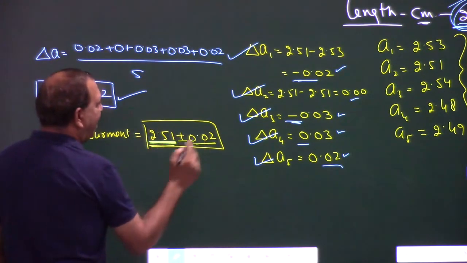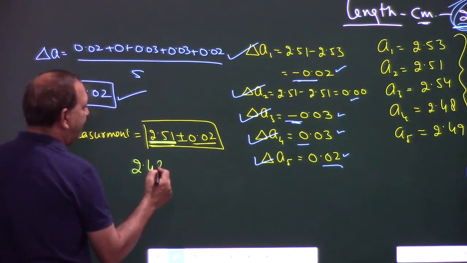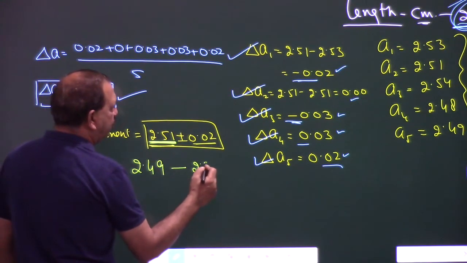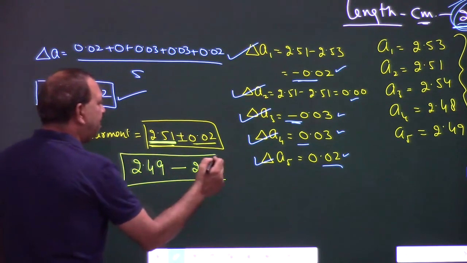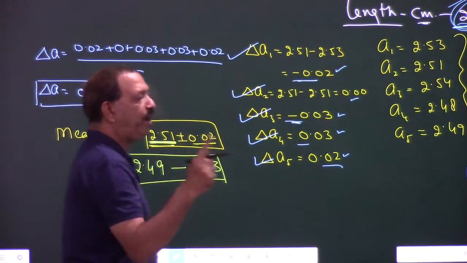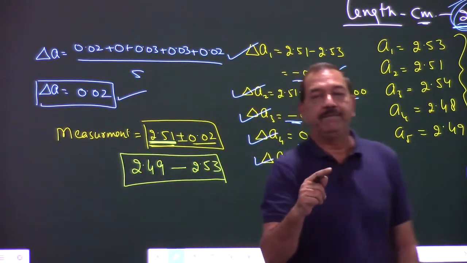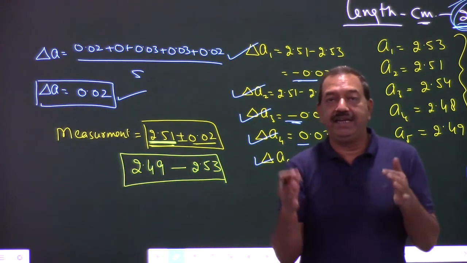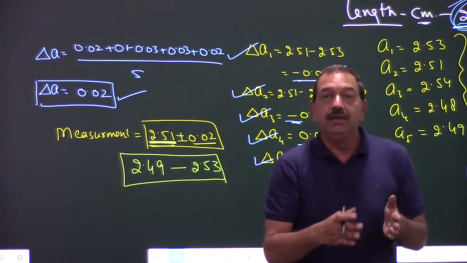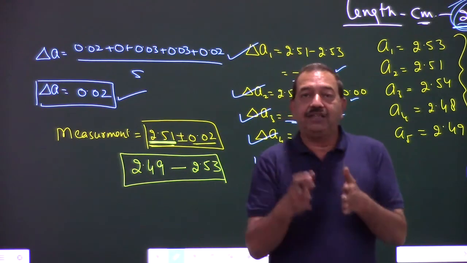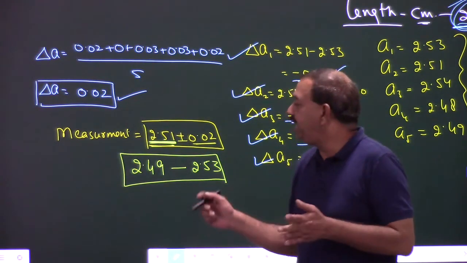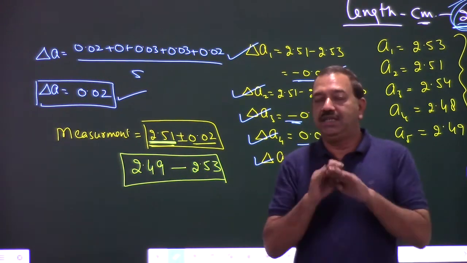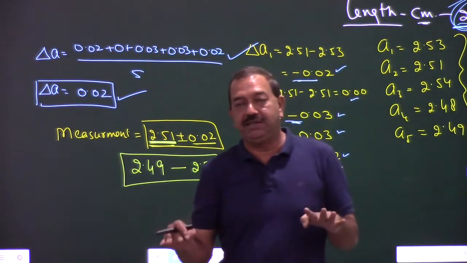If I subtract this, I get 2.49, and if I add this, I get 2.53. So actually the value is somewhere between 2.49 and 2.53. The scientist is saying for all practical purposes I am taking the value as 2.51, but the actual value may be any value between 2.49 and 2.53. So this is the right way to write a scientific measurement.